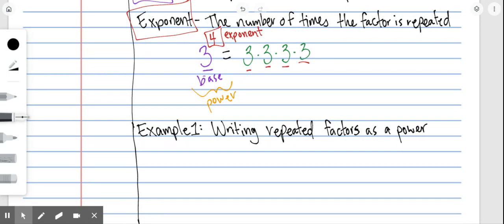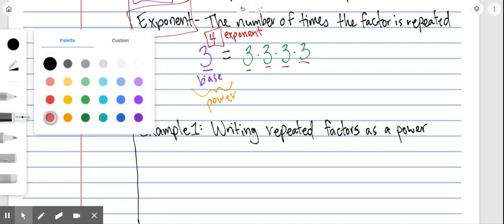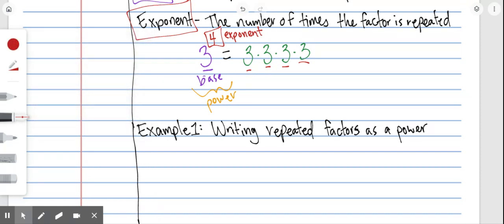So here's our first example. In example A, we have 7 times 7 times 7 times 7 times 7. Now, you can write 7 out 5 times if you really, really want to.